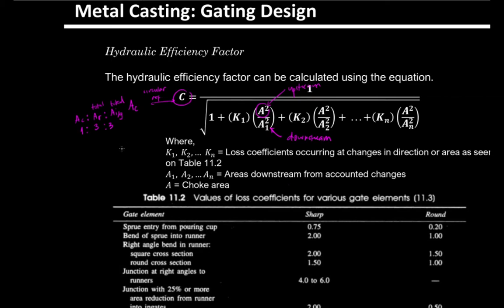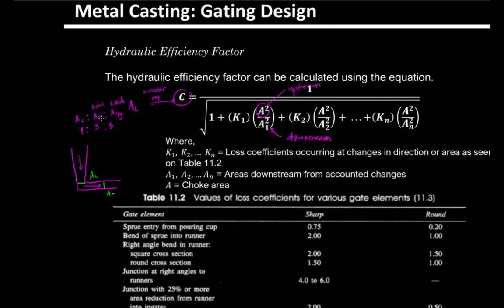Okay, so let's just take an example. If we have a down sprue, running from that down sprue into a bend running into the runner, then the first area here is the choke area, and it is running into the runner area, the runner cross-sectional area.